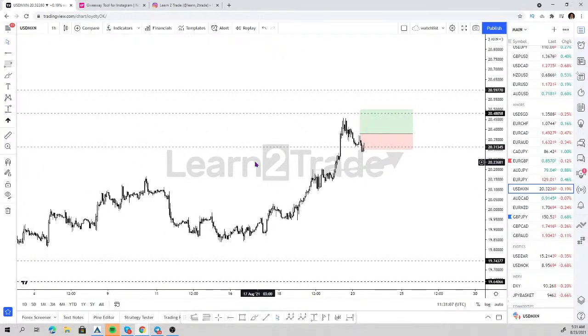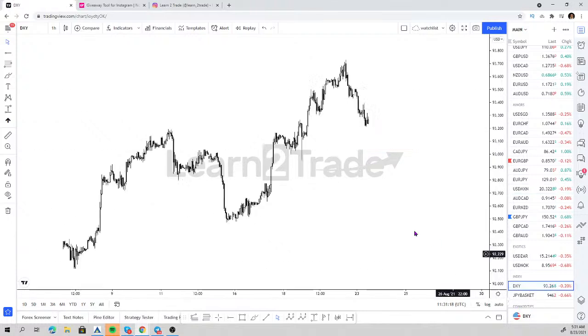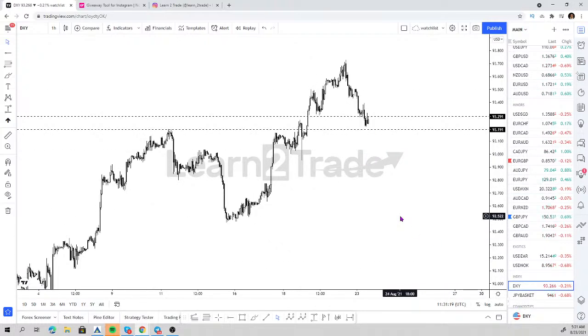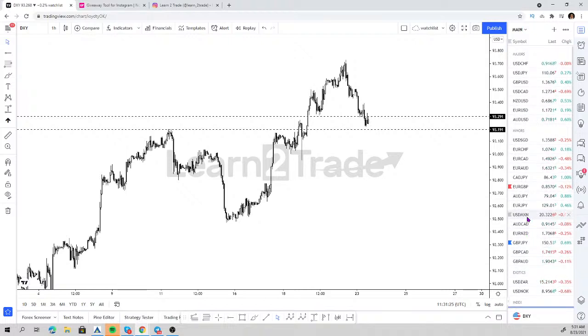This setup has a high probability of success. Why? One, because of the technical setup, and two, because of my directional bias for today on the US dollar. So that trade has a high probability of success.